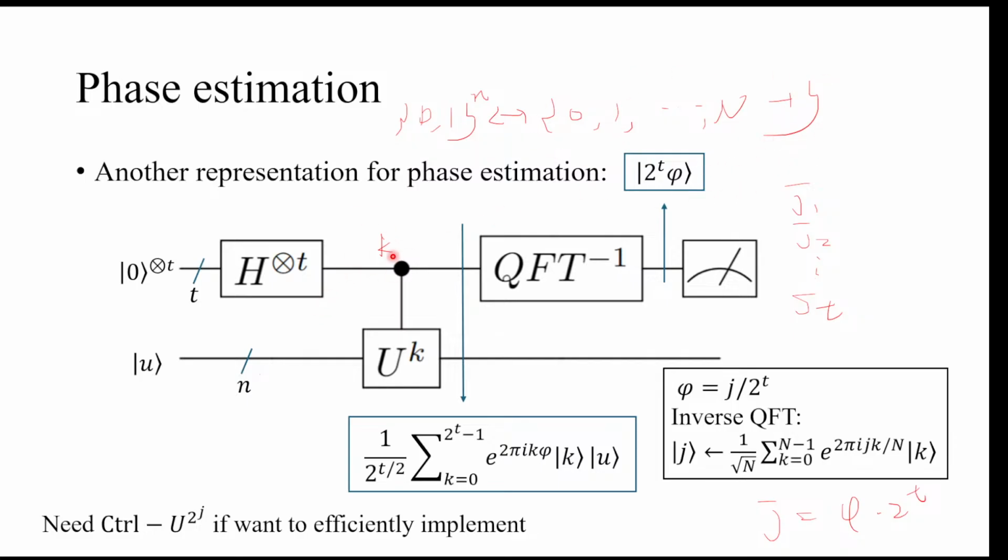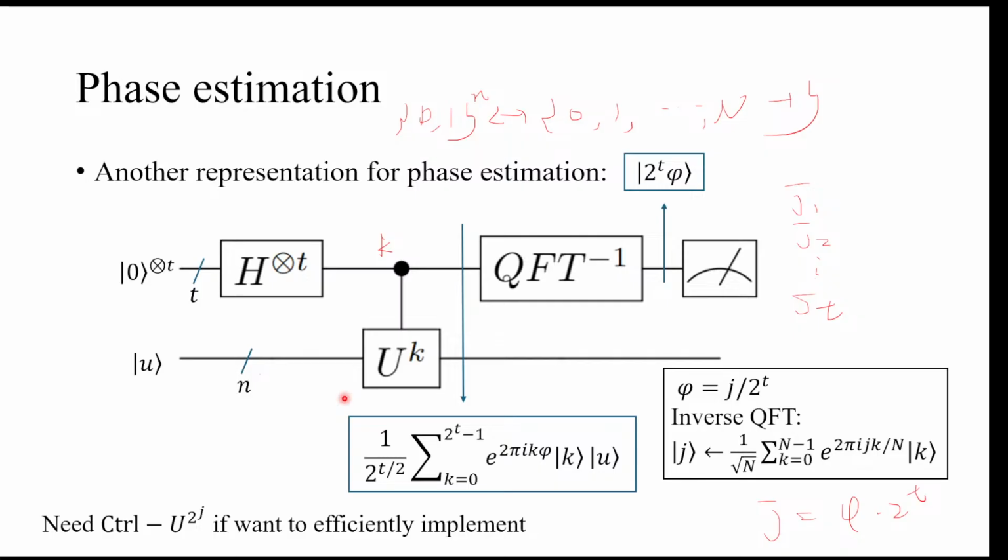So k is some number from 0 to 2 to the t minus 1, the computational basis number on the upper register here. If the control register is k, then you apply U to the k here.